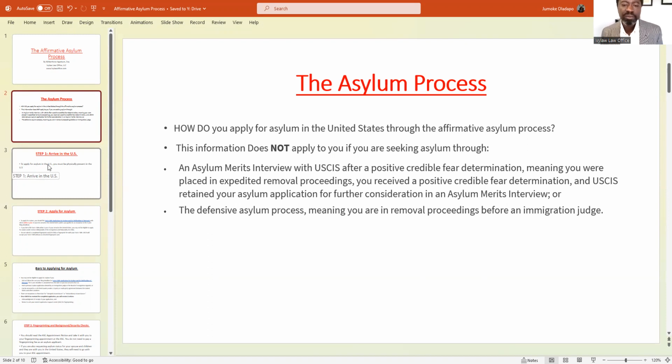Those two bases will not allow you to seek asylum through the affirmative process.